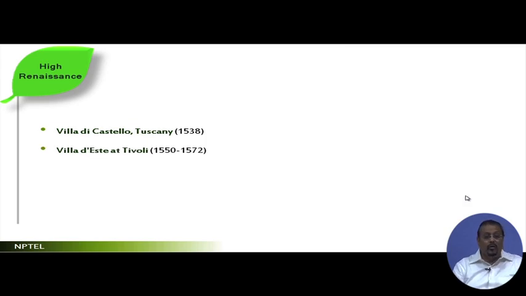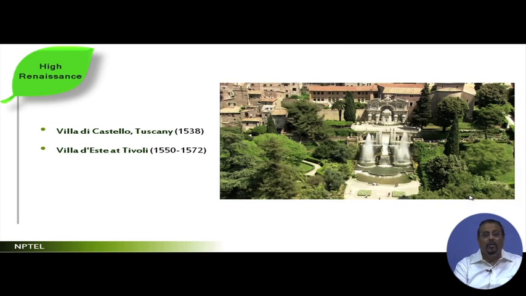And then Villa d'Este at Tivoli, here it is a grandness that has been created by the ruler. If you look at this particular picture, I am just focusing at this particular picture, you will find that they have the grand fountains at this point, and they have the pathway which is leading. Everything is very geometric.